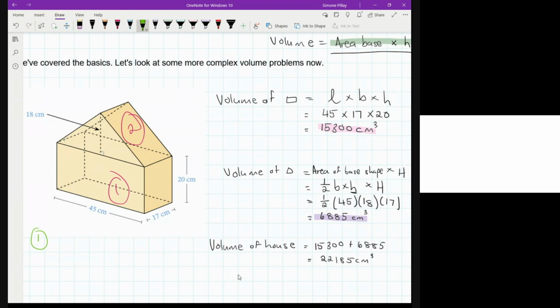If you have any questions, please do not hesitate to ask. What I want us to take away from this is whenever you have a triangular prism, you are always using the triangle as your base.